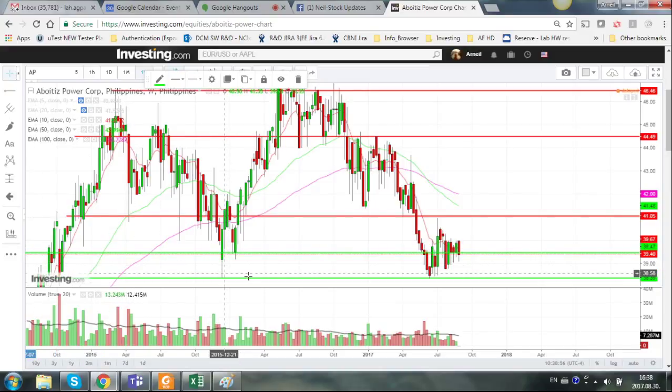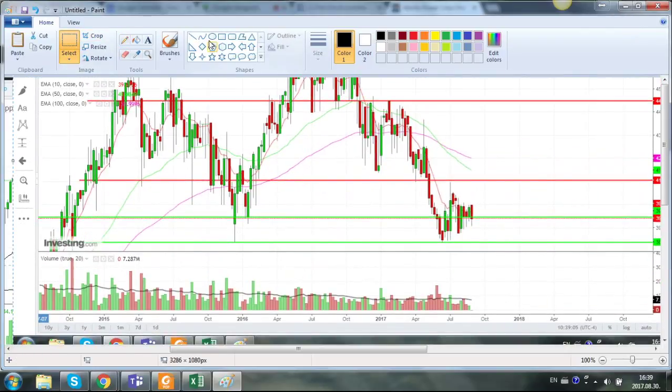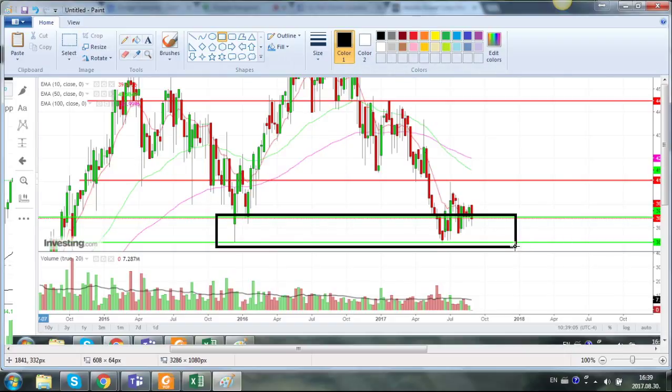So, it's up to you kung you can actually make this as a kind of a range, a buying range, that if the price falls inside this range, you will buy the stock. So yan, you can consider this as a buying range.